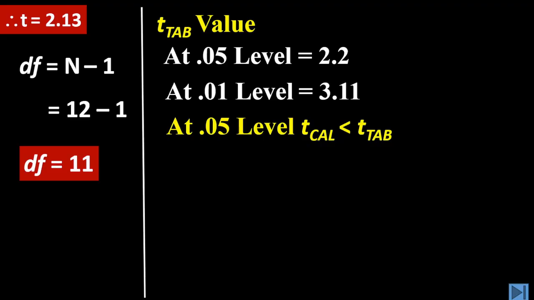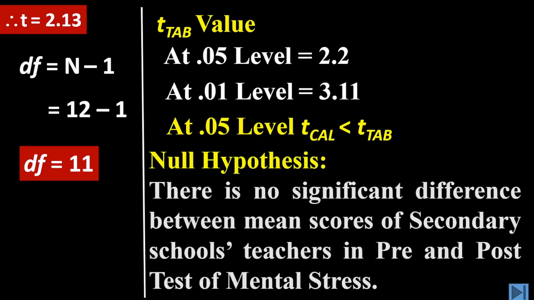In such a situation, we will not reject the null hypothesis, that is, there is no significant difference between mean scores of secondary school teachers in pre and post test of mental stress, and it will be concluded that there is no significant difference between the mental stress of the teachers according to the performance they were shown in pre-test and post-test.